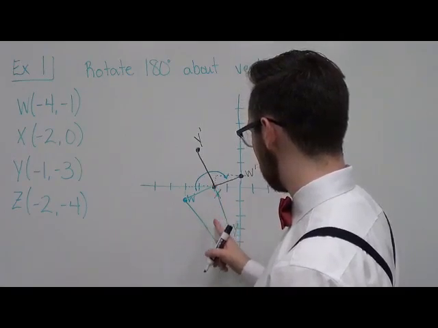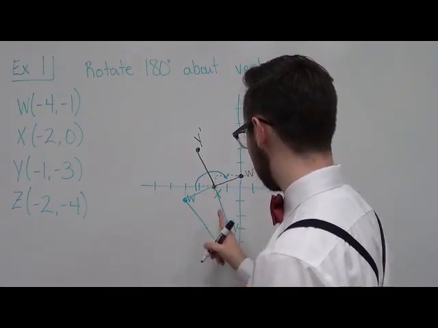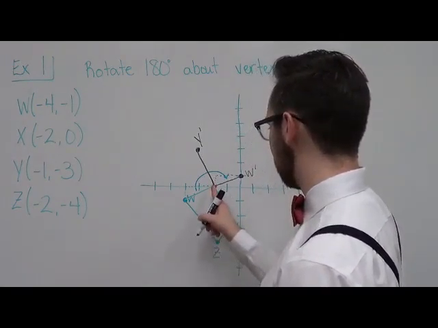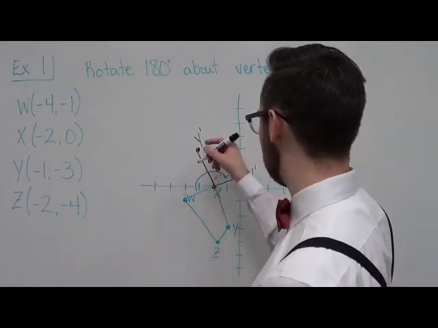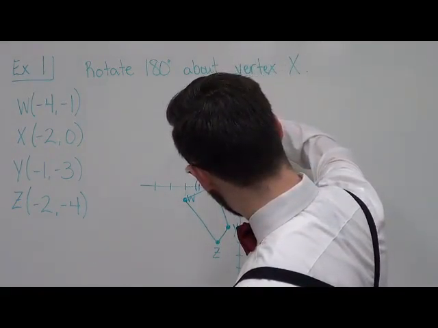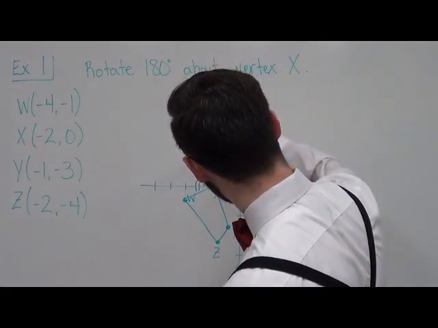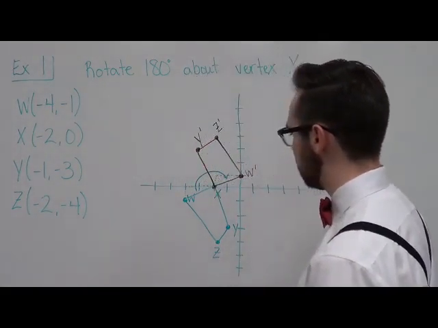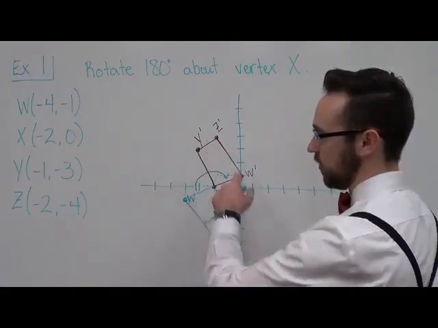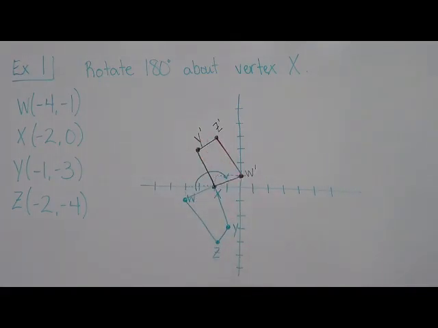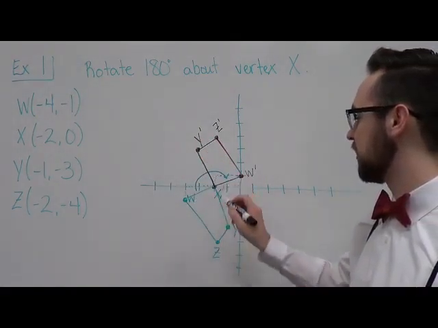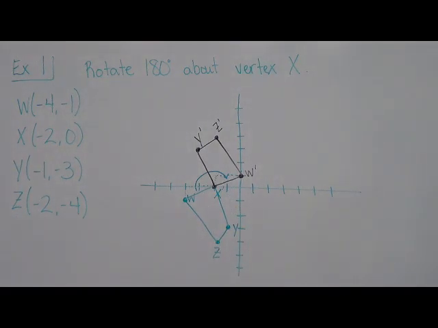Well, z is directly below x, and we just move down 4. So now we're just going to move up 4. 1, 2, 3, 4. Here's going to be our new z prime. And we simply just rotated that figure 180 degrees. Now notice x is the same as x prime, so that's all the same. Because again, we rotated about the x value, we didn't actually move the x value.